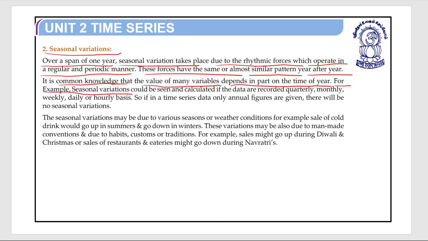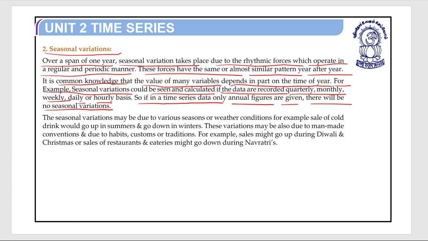For example, seasonal variation could be seen and calculated if the data are recorded on a quarterly, monthly, weekly, daily or hourly basis. So, if in a time series data only annual figures are given, there will be no seasonal variations.